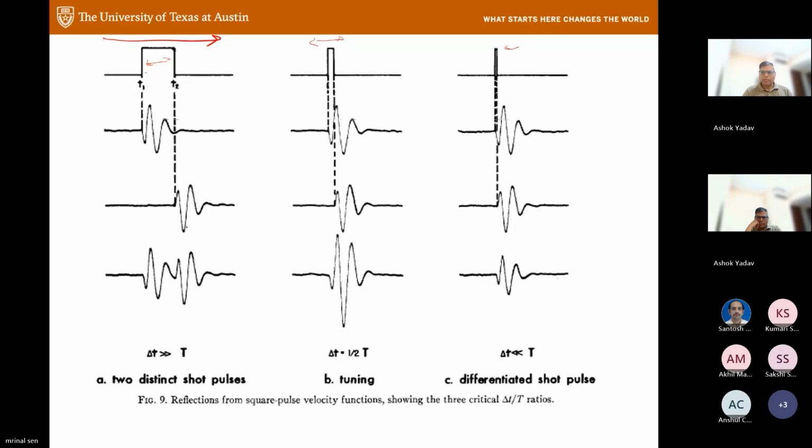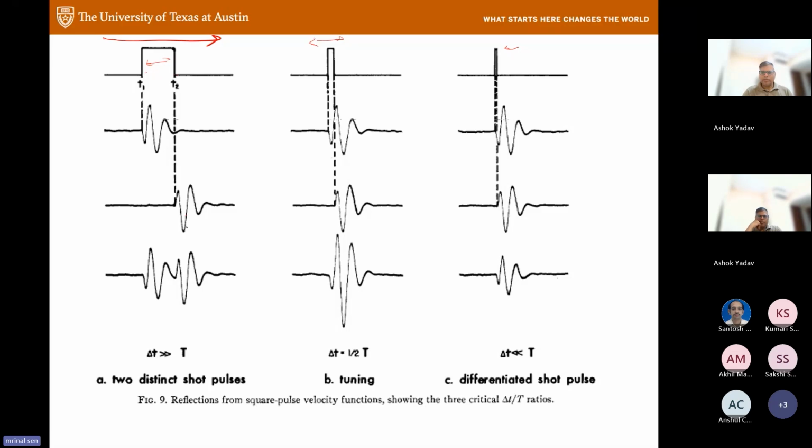What happens here is that from the top interface I have a positive reflection, and from the bottom I have a negative reflection. Let me remind you, reflection coefficients are interface properties. These are not interval properties.